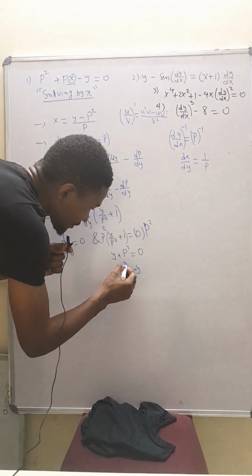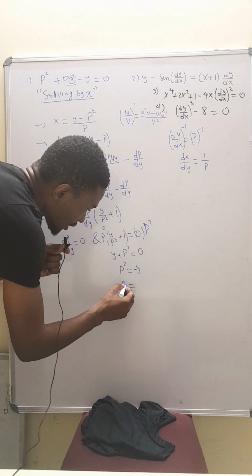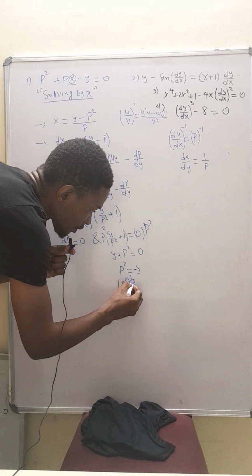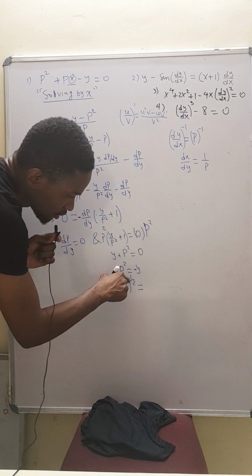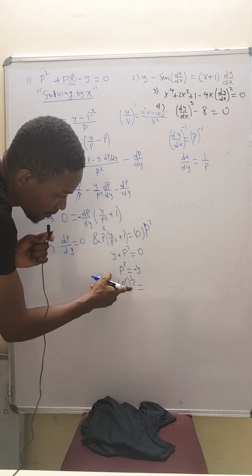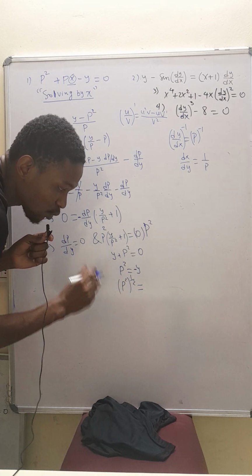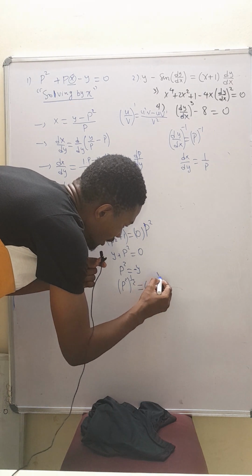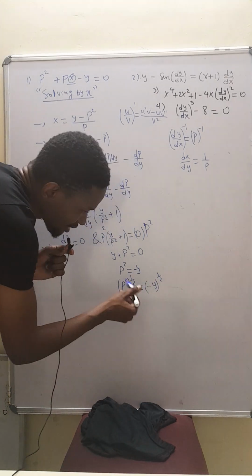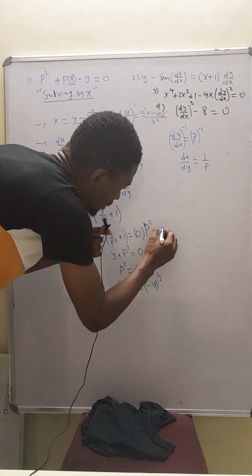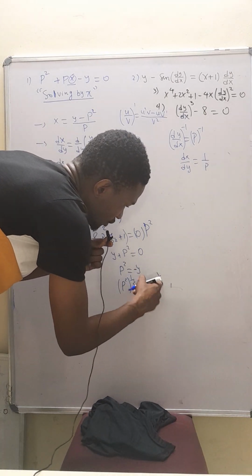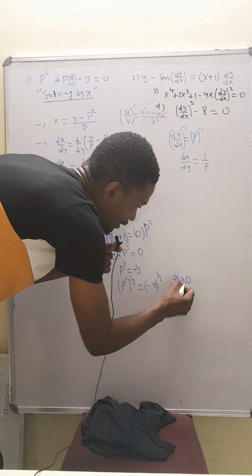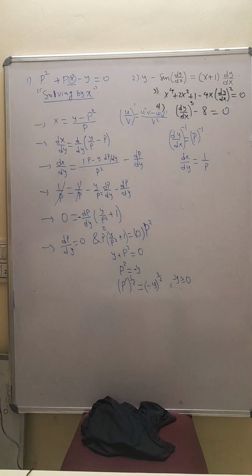It means that p squared is equal to minus y, but it is p squared and I want the value of p. So I have to raise to the power 1 by 2, to take this 2 here. I just want p. The value of p is minus y raised to 1 by 2. Here there are some conditions that you have to satisfy: since this is a square root, minus y must be greater than or equal to 0.